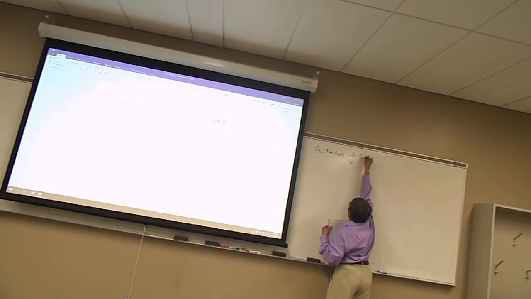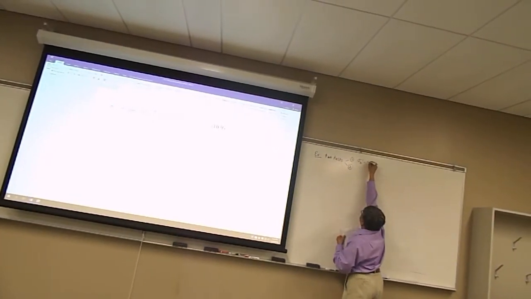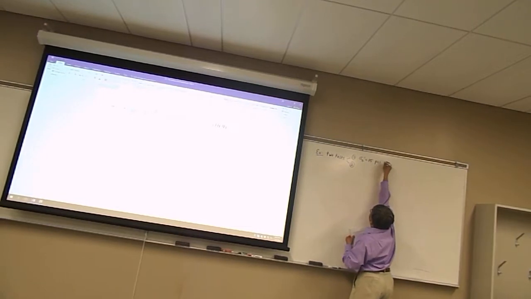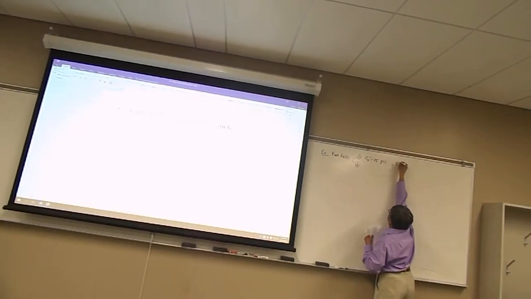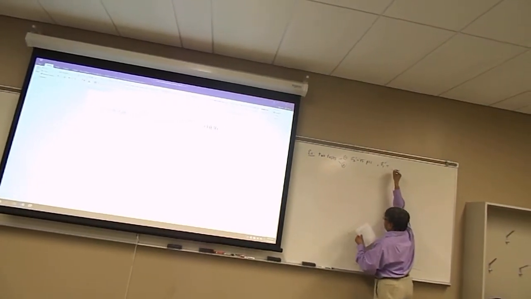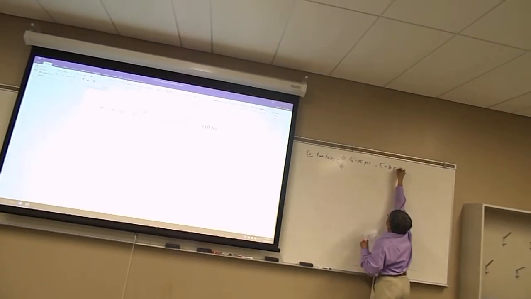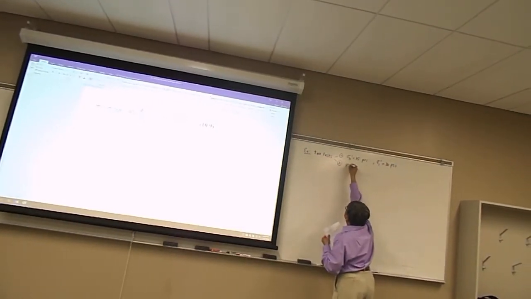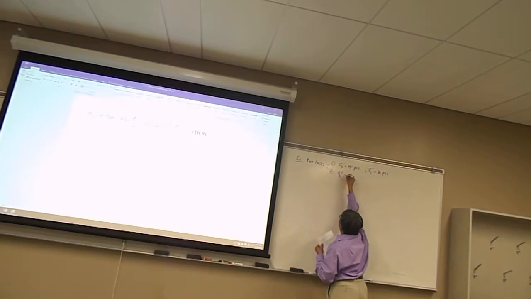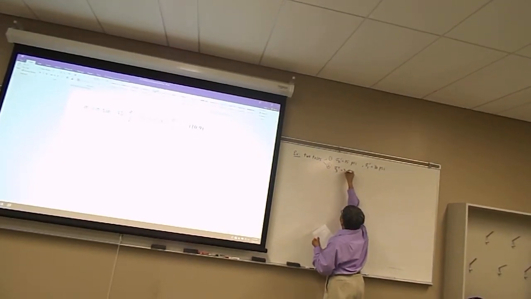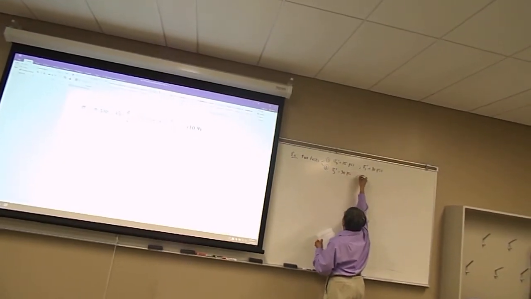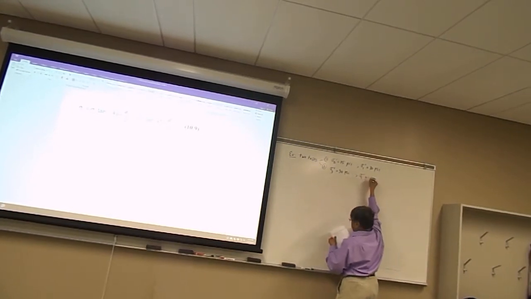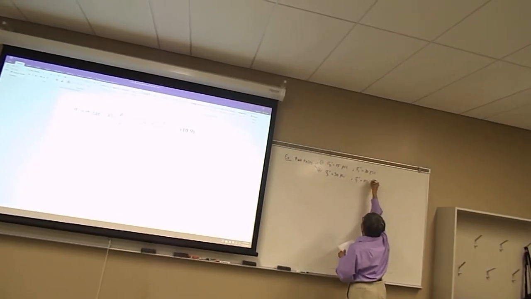Here sigma 3 prime is 15 psi and sigma 1 prime is 70 psi, and in the second test sigma 3 prime is 30 psi and sigma 1 prime is 115 psi.